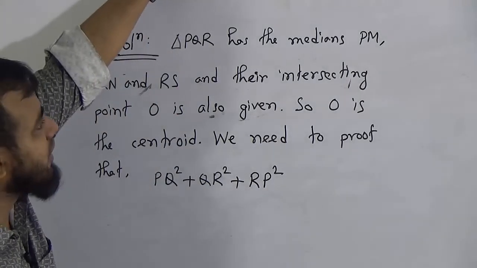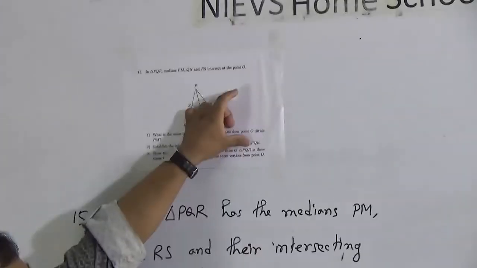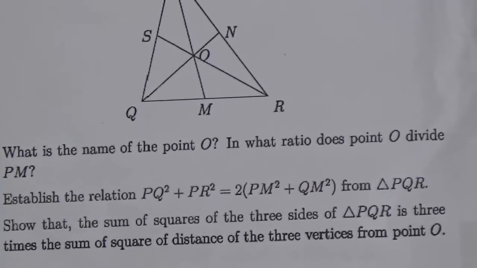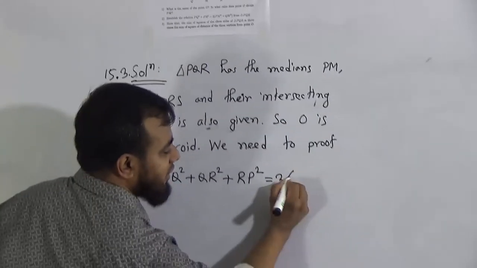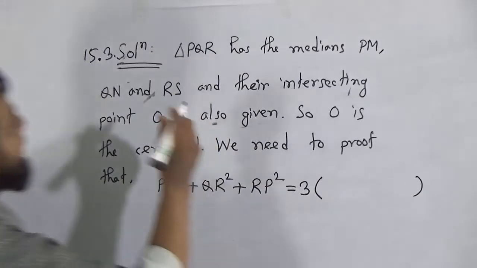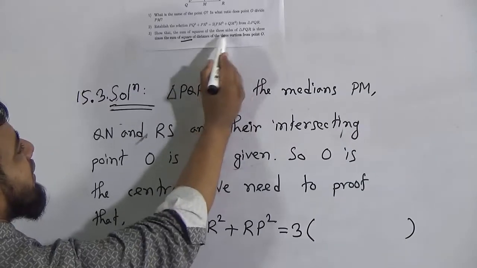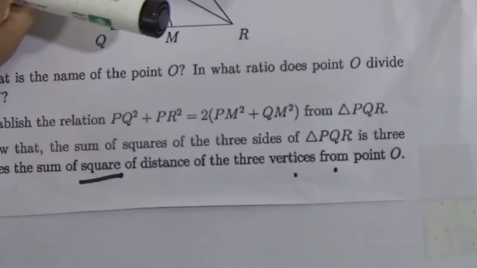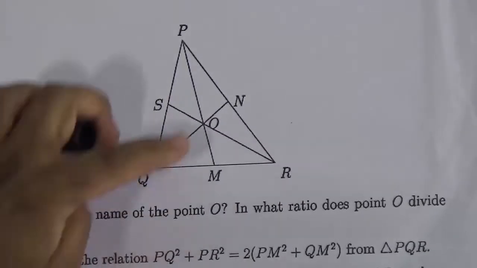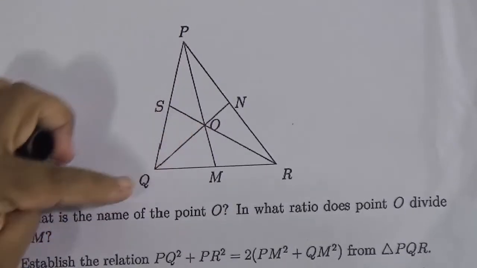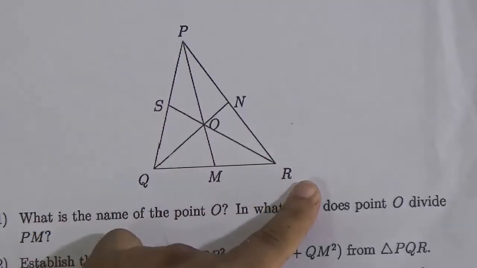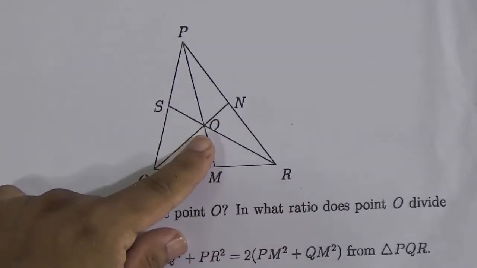The sum of squares of three sides of triangle PQR is 3 times the sum of squares of distance of the three vertices from point O. That means OP is one distance, OQ is another distance, OR is another distance from O to the vertex.